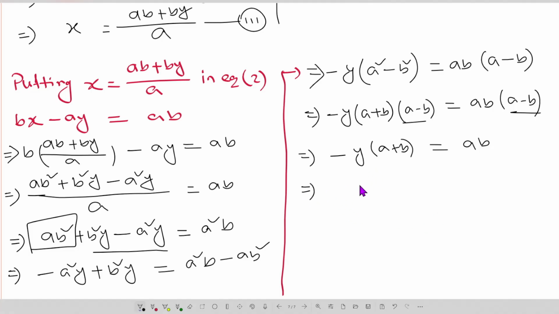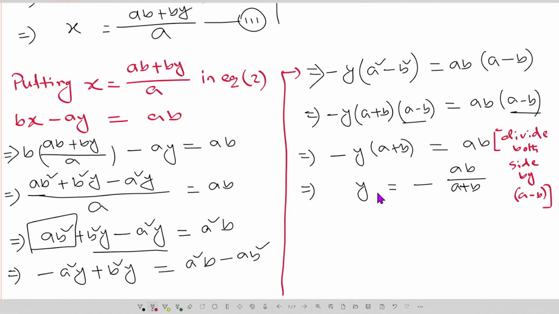Then y equals minus ab divided by (a plus b), this is y. And here you can write a side note, which is divide both sides by a minus b.